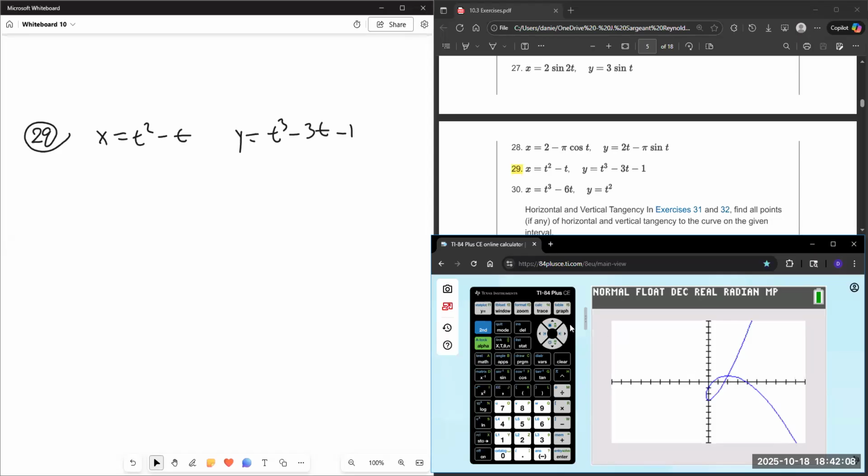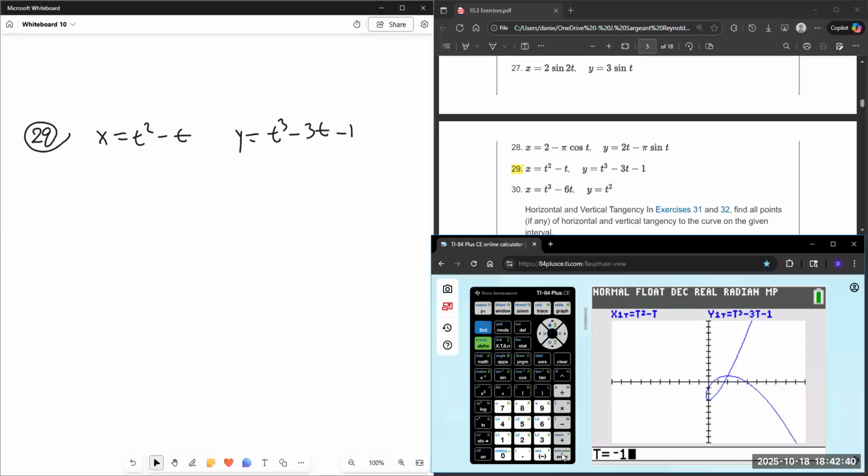And I can't really tell the t values without tracing a little bit. And I'm taking very small steps that are like pi over 12 steps. As I go to the right and advance t, it looks like I'm getting close to t equals -1 is possibly where that point is. So I'm going to trace.